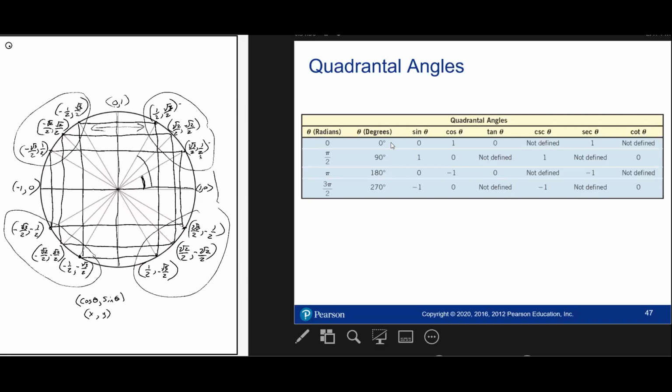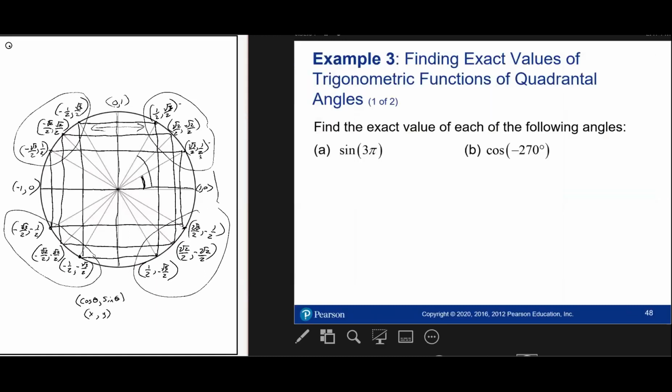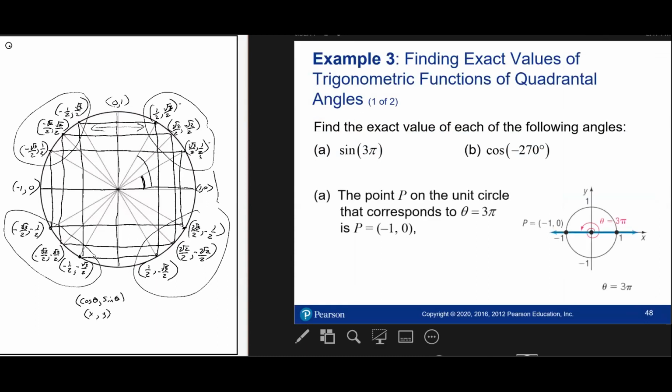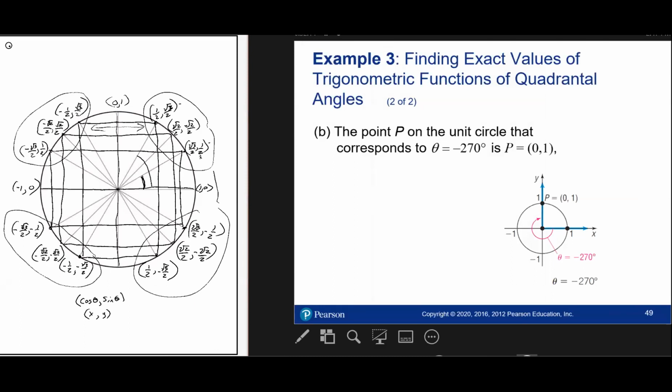So when they start talking about finding the exact value, I think these we did already, because those are quadrantal angles.